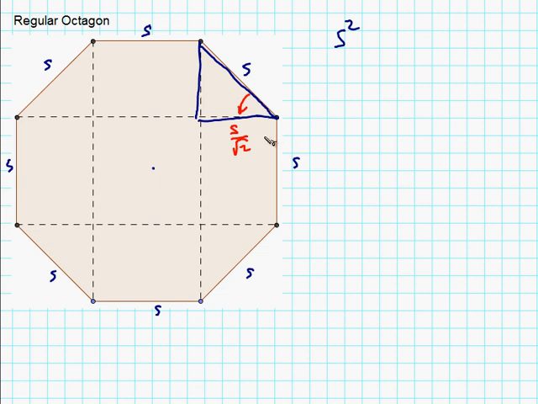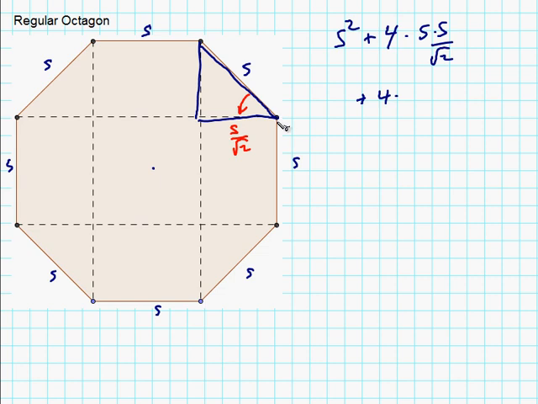Then I have 4 of these rectangles. The rectangles are, the side length is s, and the side length here is s over square root of 2. And there's 4 of them. So I have 4 times s over square root of 2. Then I say plus for the triangles.